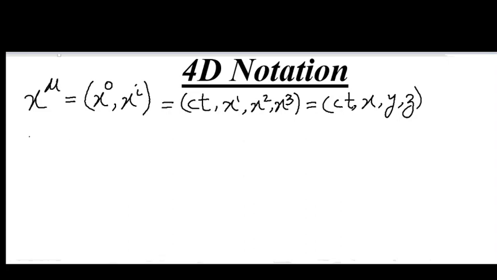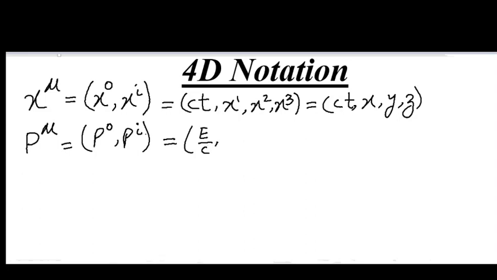Now we will take the example of 4-momentum, which is written as p^μ, and similar to the above vector, we will express it in a zeroth component and an ith component. The zeroth component of 4-momentum is basically energy, which can be written as E over c. Again, here we are dividing energy by c to balance its unit.